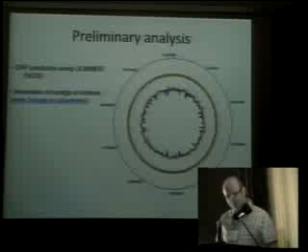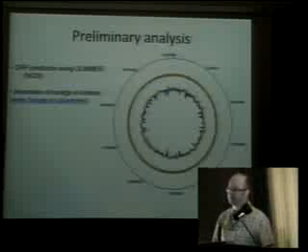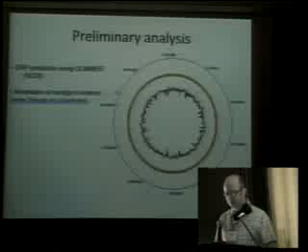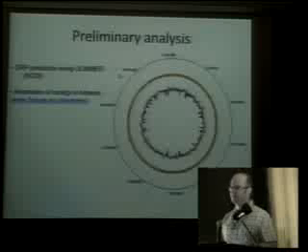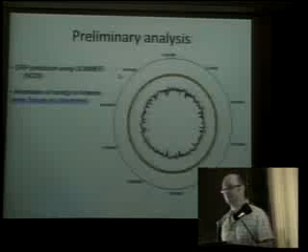So we began with the preliminary analysis. We assigned the open reading frames, which is a way of identifying the genes. We used a piece of software that is freely available from the National Bioinformatics Institute in the US, called Glimmer. This uses an algorithm and basically looks for start codons and stop codons within a gene sequence, and then assigns this as an open reading frame set by your parameters.